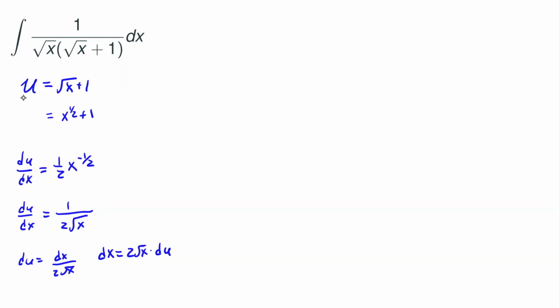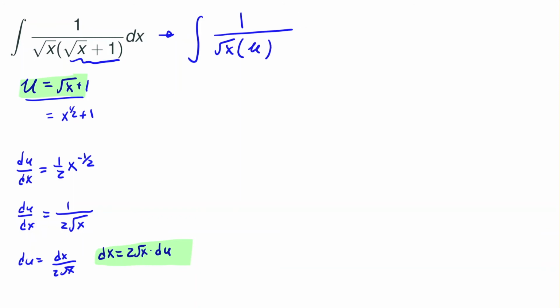So using this right here and this right here, we're going to substitute. This will be 1 over, let's skip the square root of x here. We're not substituting this directly, but we know this is the same as u right here. So u, and dx is the same as 2 square root of x du.